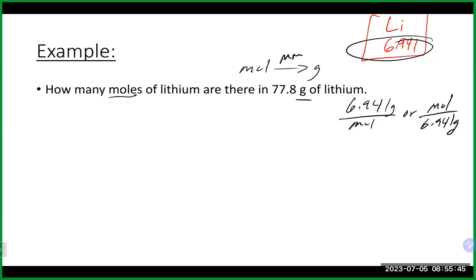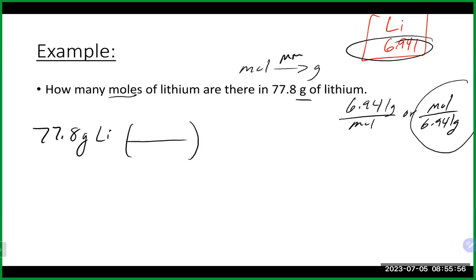So in this particular case, we got 77.8 grams of lithium. Here, grams are up on top, which means we actually do need to flip it around to use it in our dimensional analysis calculation. Moles will go up on top, which is what we're looking for. The grams there will go on the bottom. Grams will cancel each other out. So we're basically dividing here.